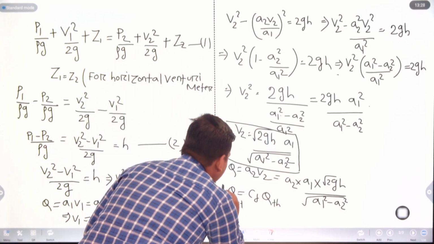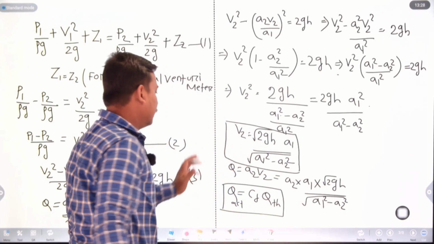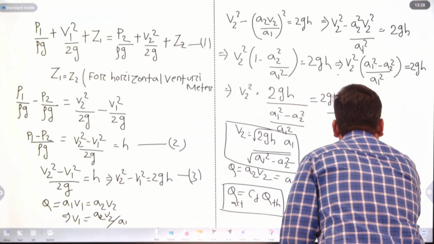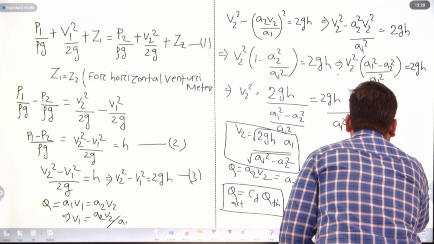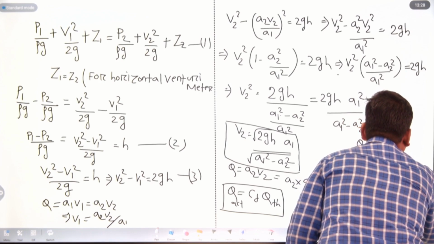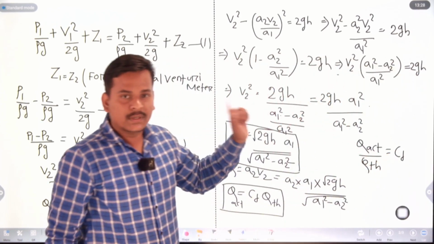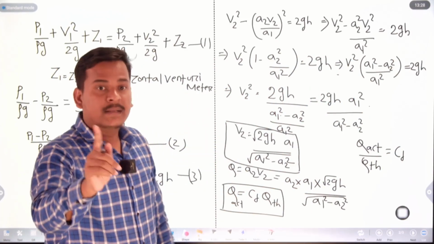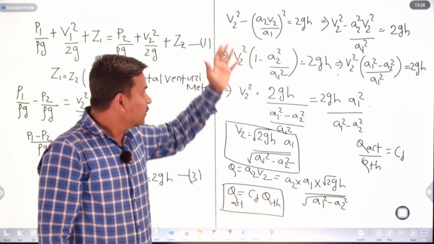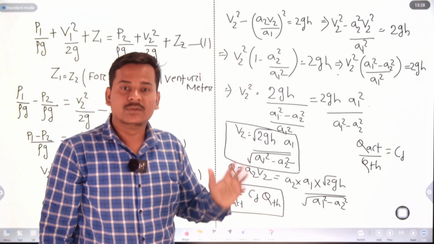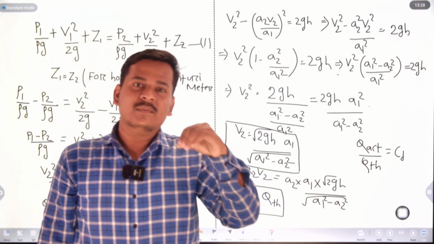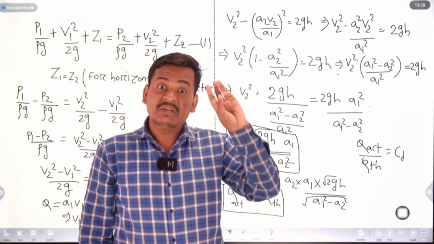For short, we also write Q actual divided by Q theoretical is equal to CD, and this CD is the coefficient of discharge, and this value never exceeds 1. Okay, never exceeds 1. Now this is the required expression for venturimeter discharge.